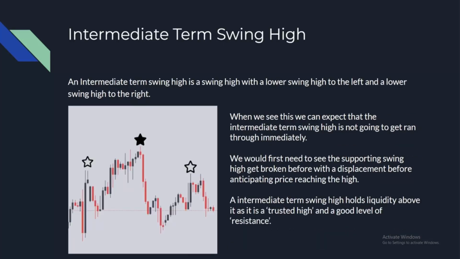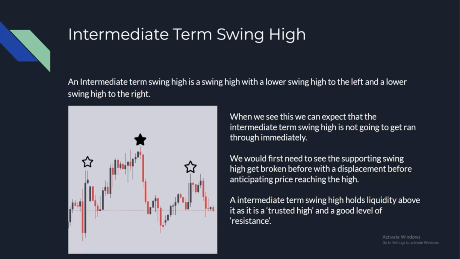The next is an intermediate term swing high, and it's a similar concept to the long term, just with one less swing high to the right and one less to the left. So it's basically a swing high in the middle and one swing high to the left, one swing high to the right. And it's the same formation again: 3 candles, the one in the middle having the highest high. When we see this, we can expect that the intermediate term swing high is not going to get run through immediately.